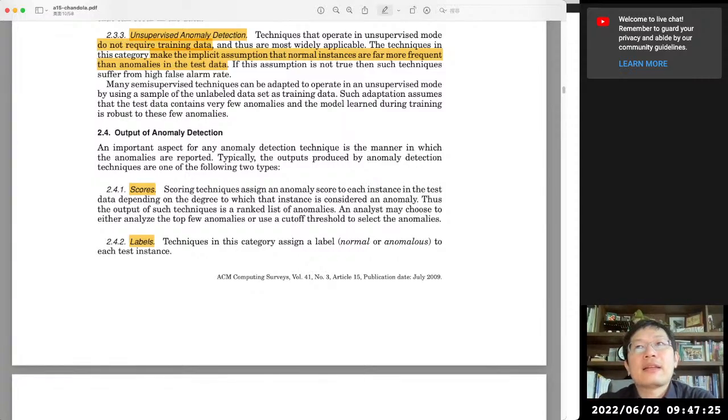Basically, the clustering will cluster those normal instances because they are relatively frequent in this data set. Some other small clusters or data points which cannot be clustered with the larger instances might be viewed as anomalies.